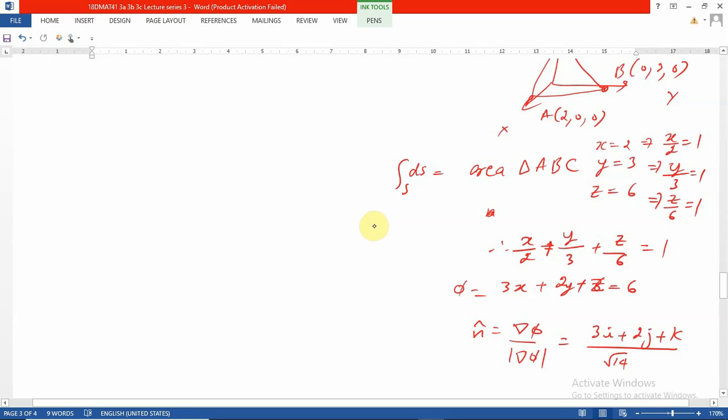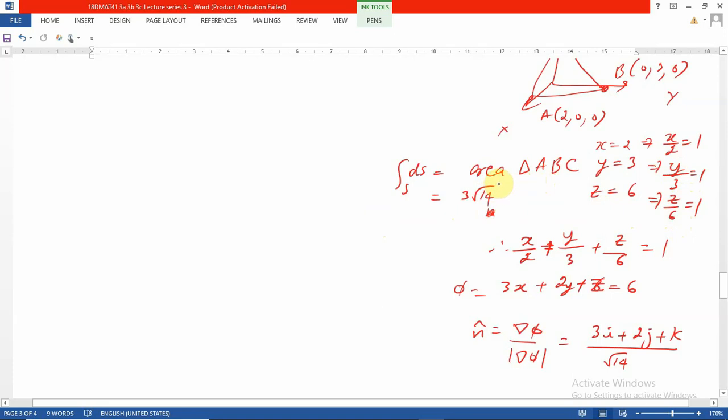Yes, students. So now when you find the area, you can easily find the modulus of this: x upon 2, y upon 3, z upon 6. Easily you can say that this is 3 root 14. Area you can take as one half length into breadth.